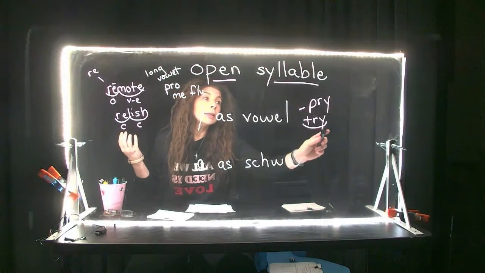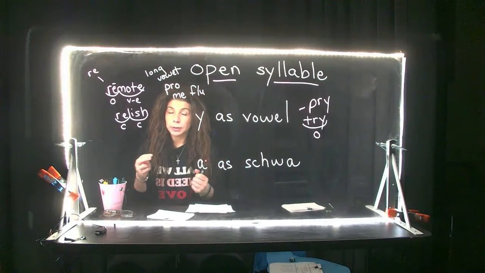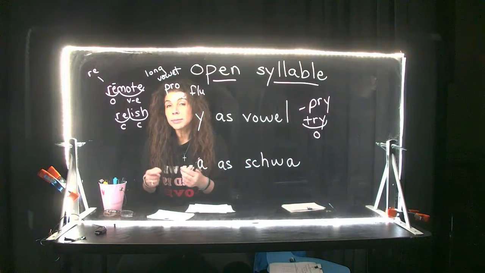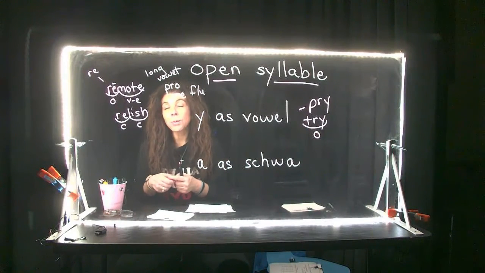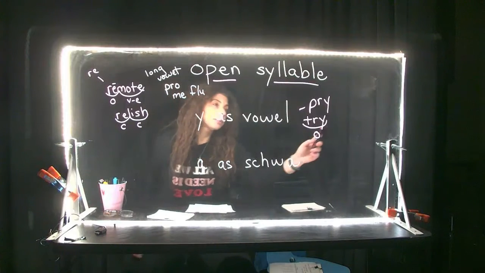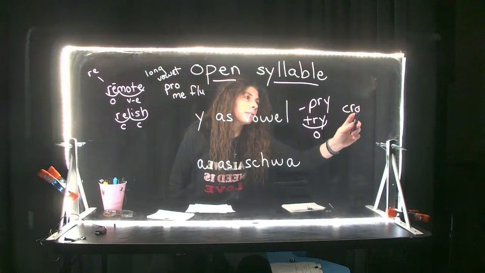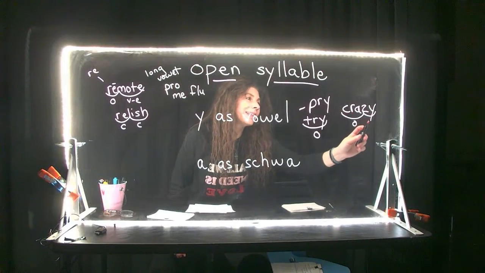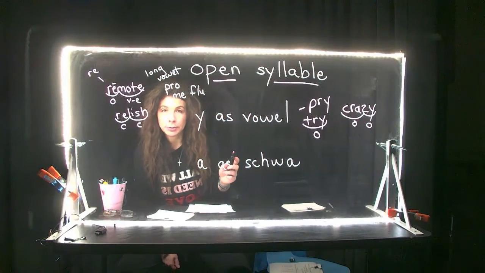And these are considered open syllables. If a Y is in a multisyllabic word and it comes at the end, that Y is most likely always going to sound like an E. Pray, open syllable.